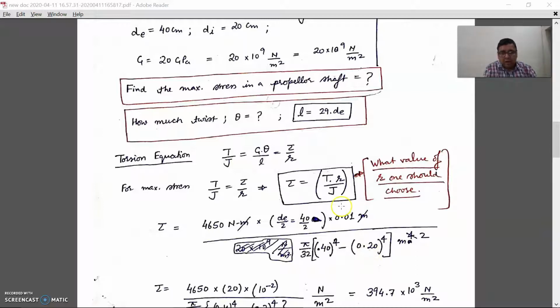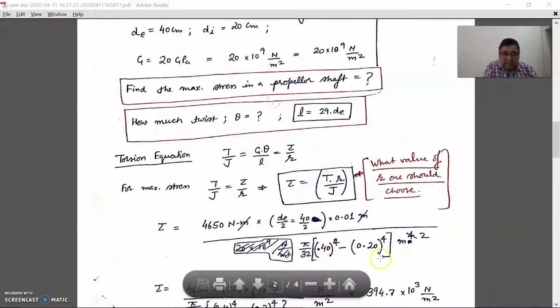But for R, what value we have to take? For R, it is a thumb rule that we will take the outermost distance from the axis to the outermost fiber, right? So that R we have to take as external diameter divided by 2, that is d by 2 is equal to 40 by 2. And friends, we have to make sure that we convert all units.